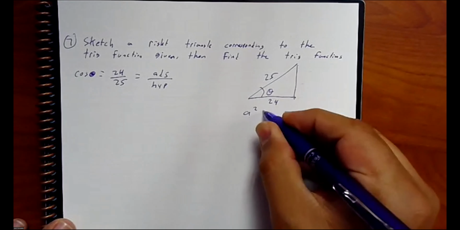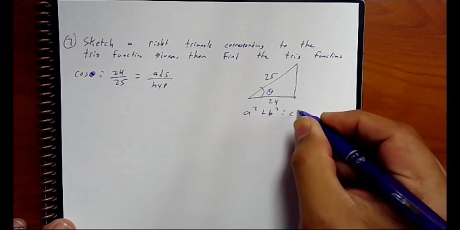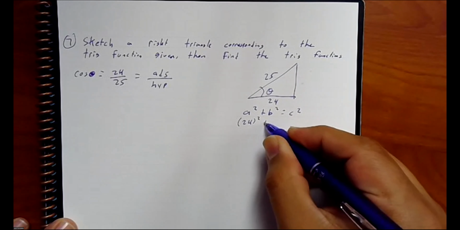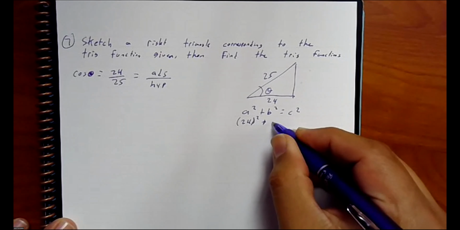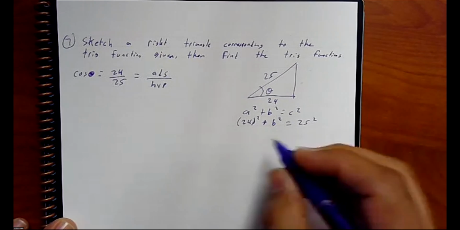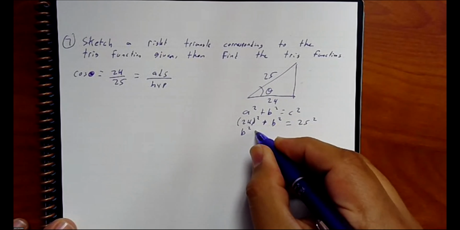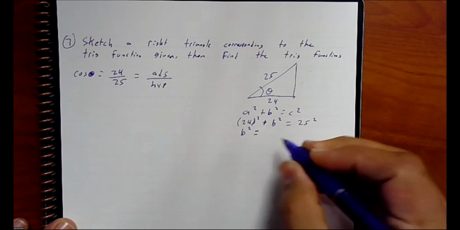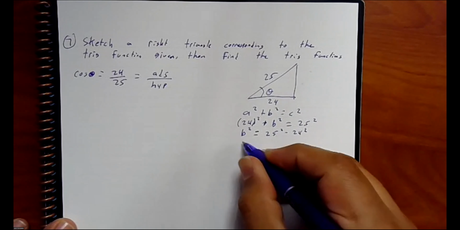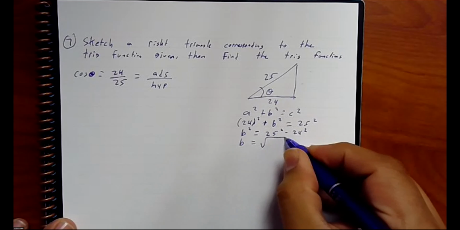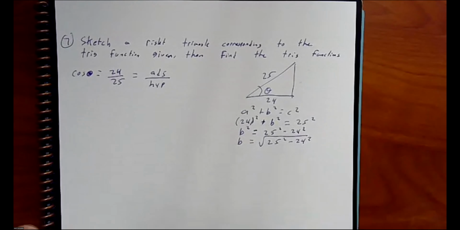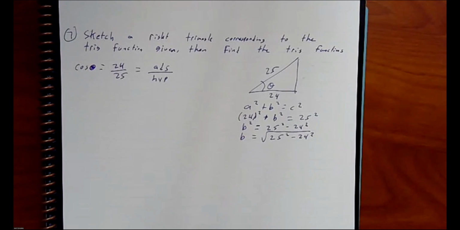So we know a squared plus b squared is equal to c squared. 24 squared plus b squared is equal to 25 squared. So b squared is equal to, solve for b, 25 squared minus 24 squared. So b is equal to the square root of whatever that is. And we can find the rest of the functions.